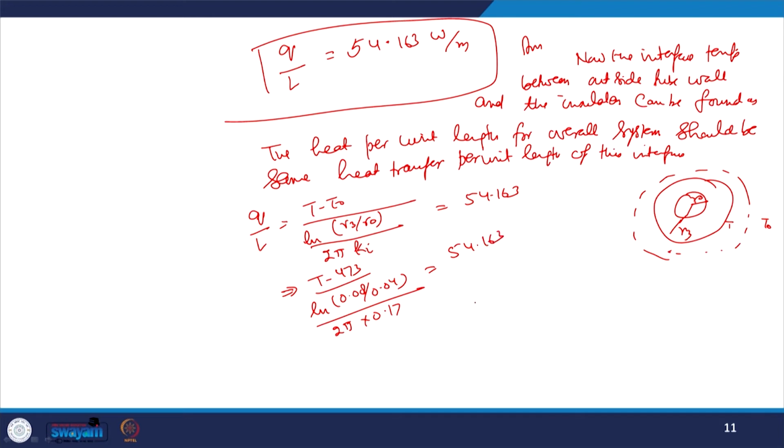While calculating, we get T equal to 508.148 Kelvin, and that is our answer.